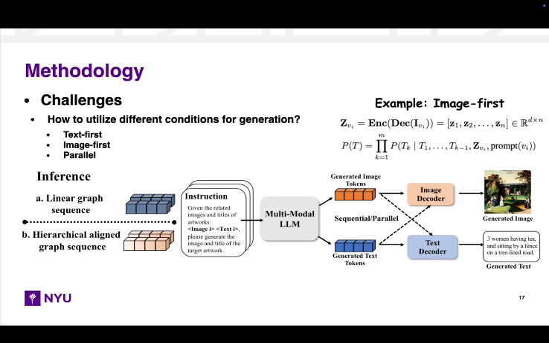We have the generated image tokens and the generated text tokens, and we can either generate the text and image in parallel, or we can use one as a condition of the other. In order, we then have the samples on the right side with the generated image or the generated text.